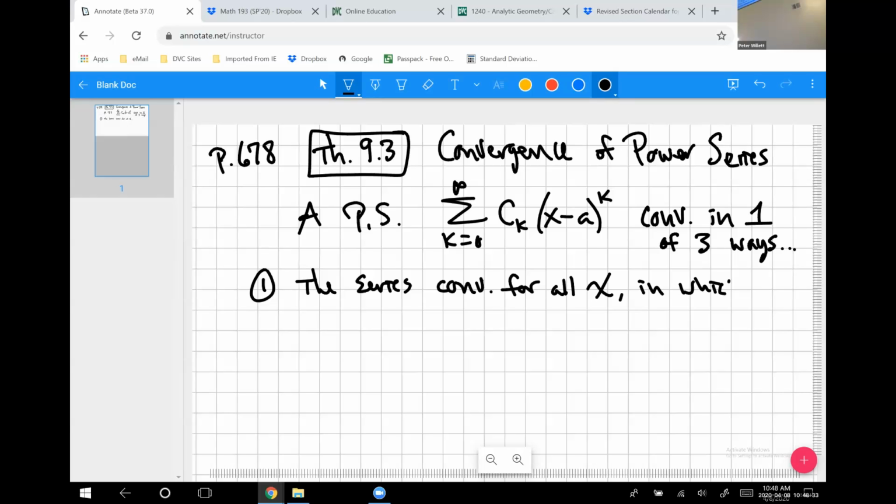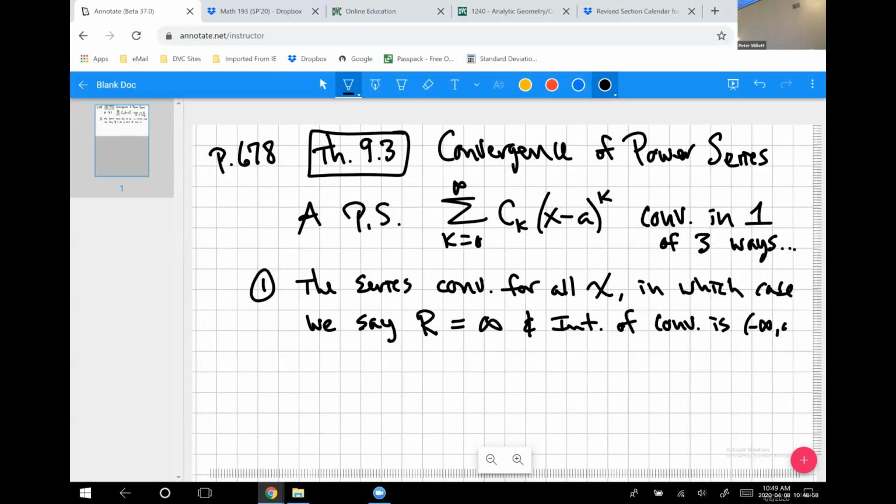If that's the case, as we just did, we say that the radius of convergence, which we're going to use big R for, is equal to infinity, and the interval of convergence is the all real numbers interval, negative infinity to infinity.